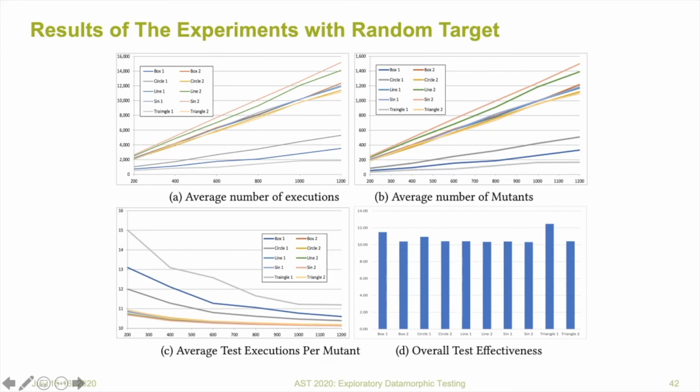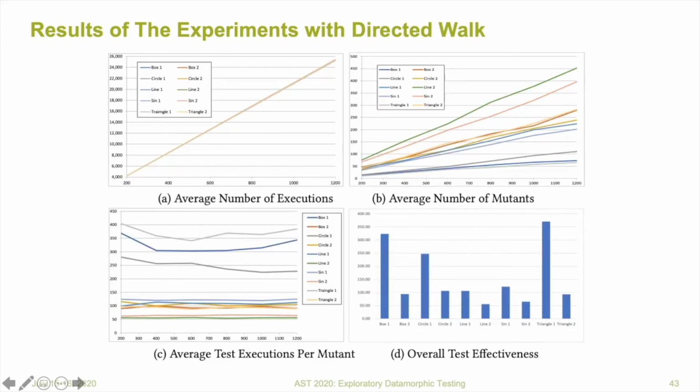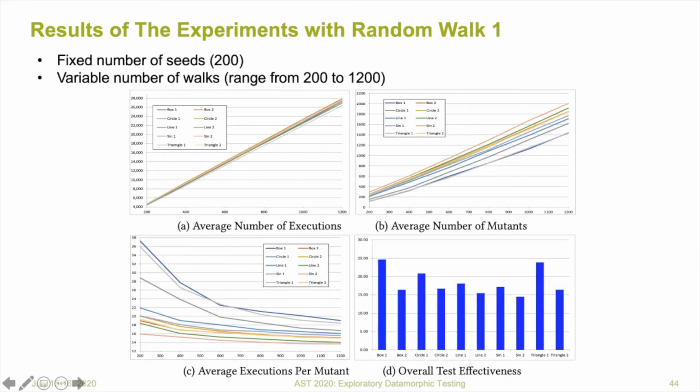The test effectiveness increases as well with the number of walks. The overall test effectiveness varies significantly on different subjects of the test classification system. Similar results can be found for directed walk as well as random walk.